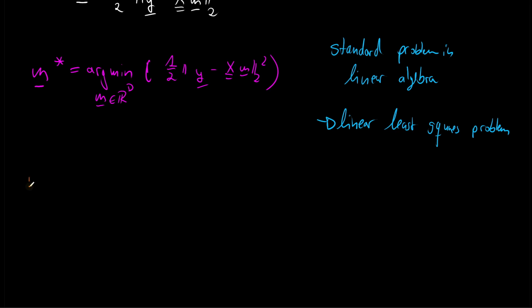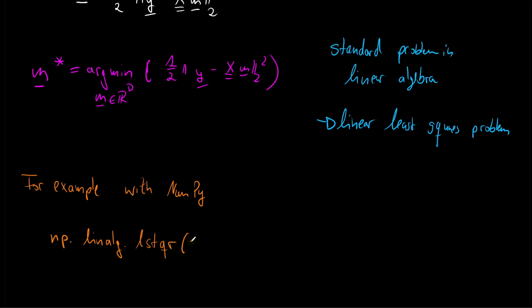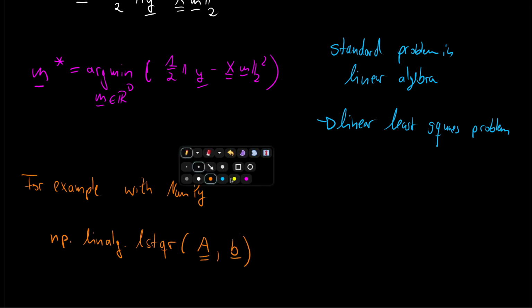And here, for example with NumPy, you would do the following. You would say numpy.linalg.lstsq for least squares, and this takes then 2 entries. So we need a matrix A and a right hand side B, and this then matches what we have here.